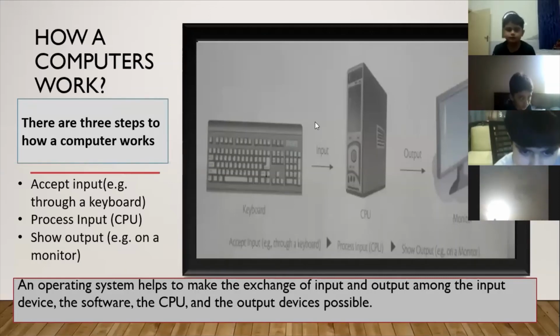What is the input? Input is like when we type anything on the keyboard, and output will be displayed on the monitor screen. In this picture, the input device is the keyboard. We write anything, it is processed in the CPU, and then the output is displayed on the computer screen.